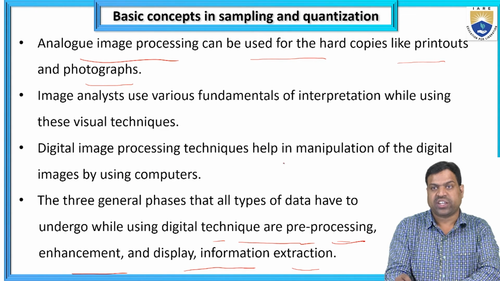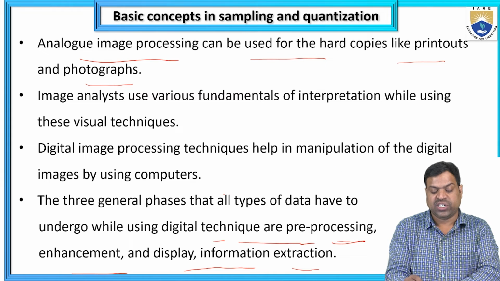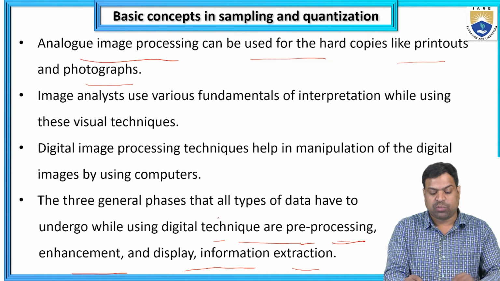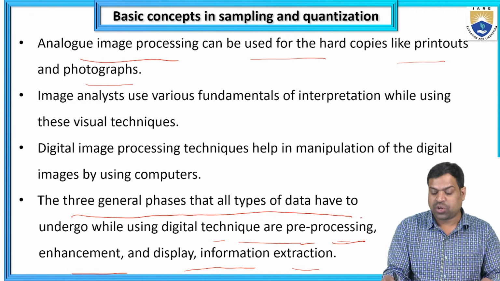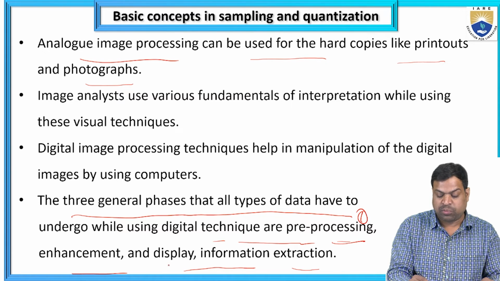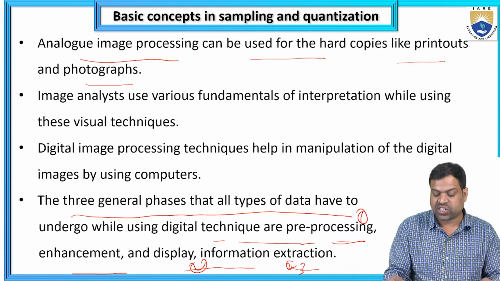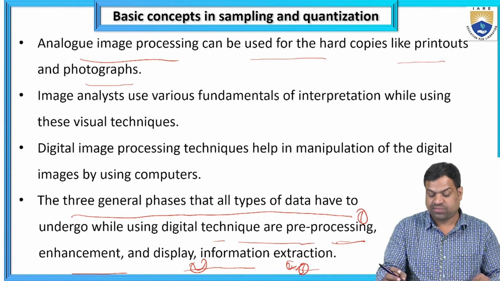Digital image processing techniques help in manipulation of the digital images by using computers. The three general phases of all types of data in digital techniques are pre-processing, display, and information extraction. So these are the three types.